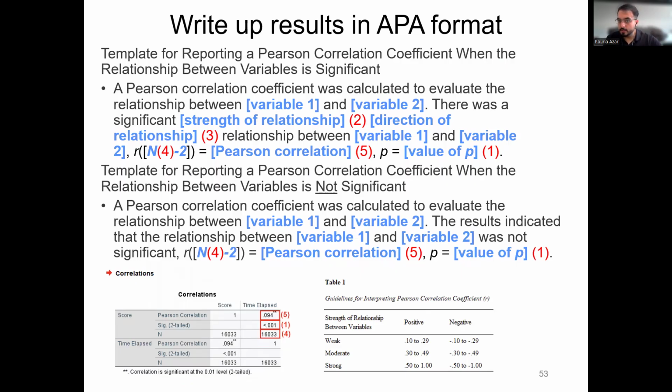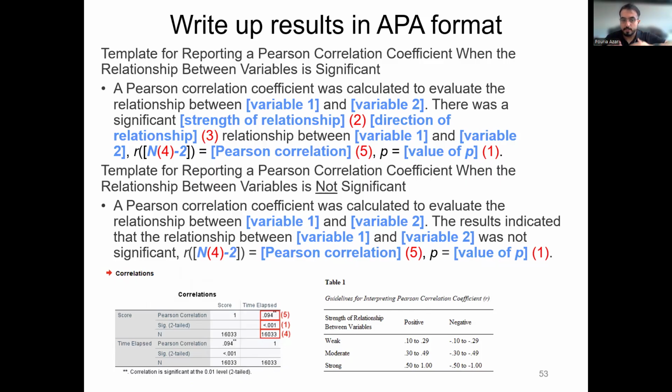There was a significant or non-significant relationship, and you will mention the strength of the relationship, which is either weak, medium, or strong, and the direction of the relationship, whether it's positive or negative, between variable 1 and variable 2. Then you will report the rho and the p-value. This is in the case where the relationship is significant.